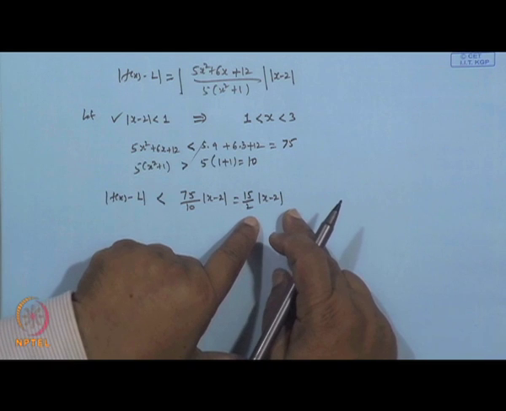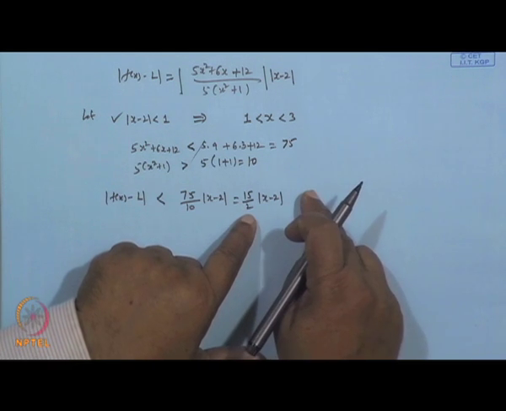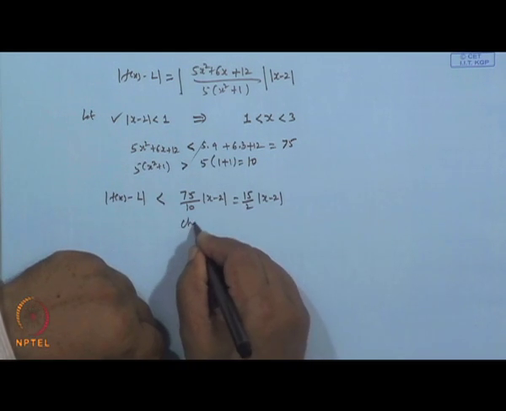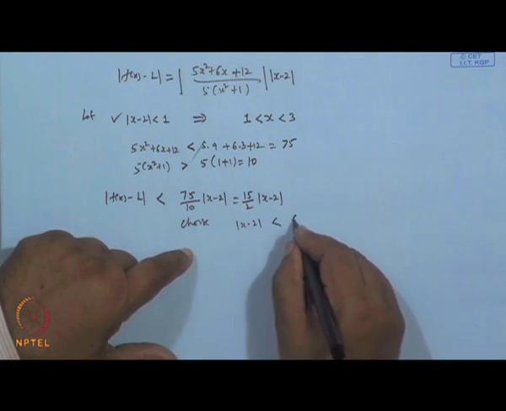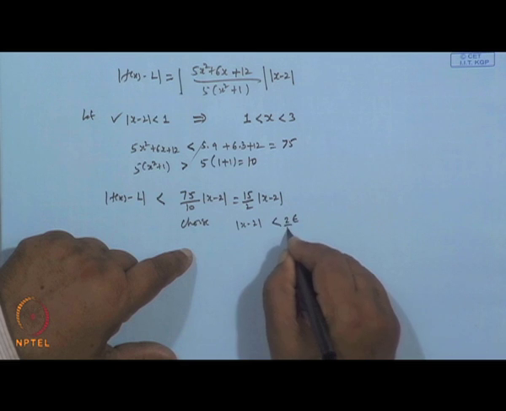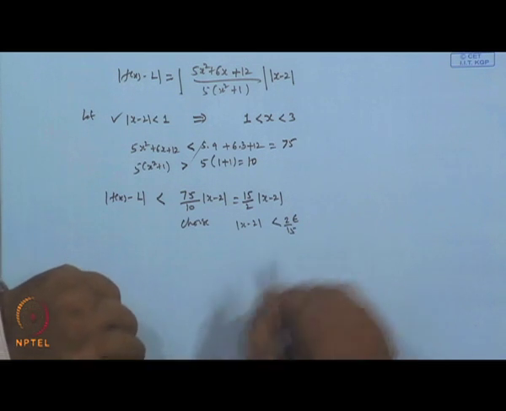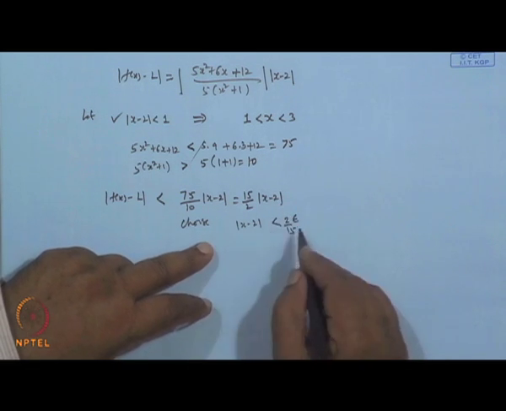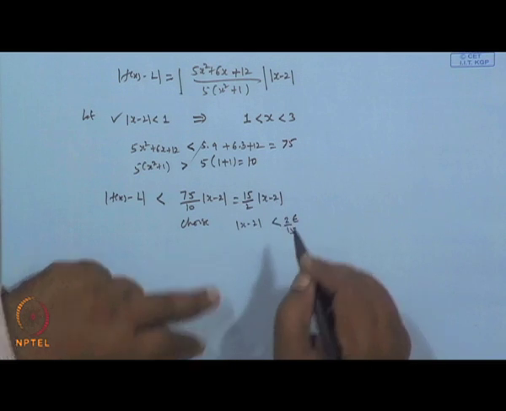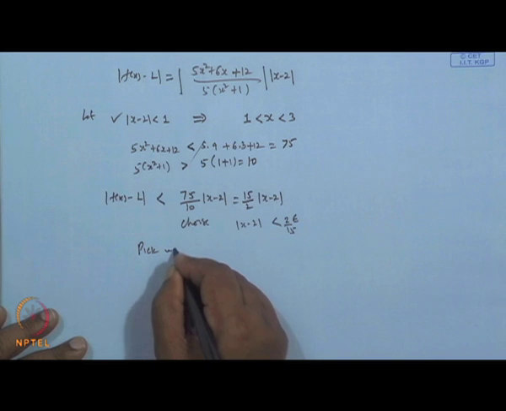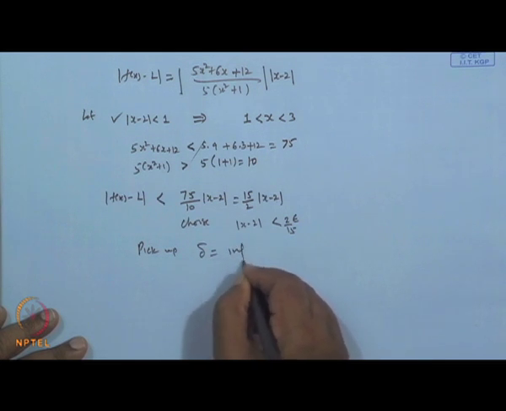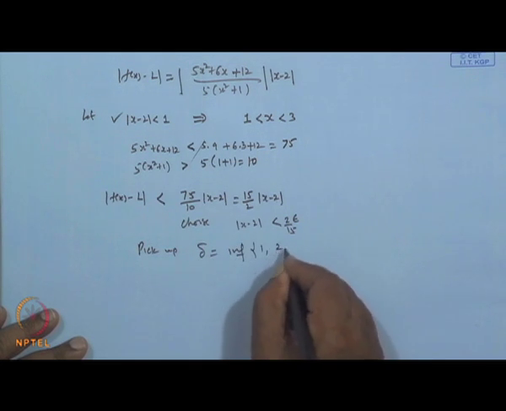The second bound we will start from here, because this entire thing we wanted to be less than epsilon. So, if I choose mod x minus 2 less than, say, epsilon 2 by 15, then as soon as you write this, all quantity will remain less than epsilon. So, now pick the delta as the infimum of 1 and this number.